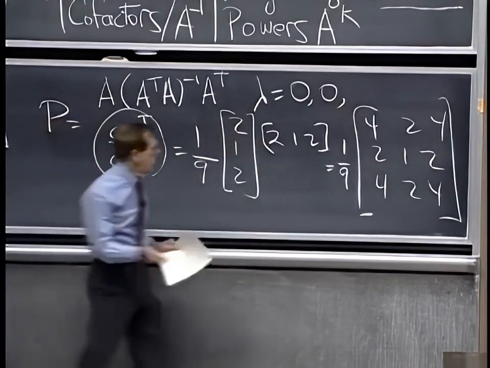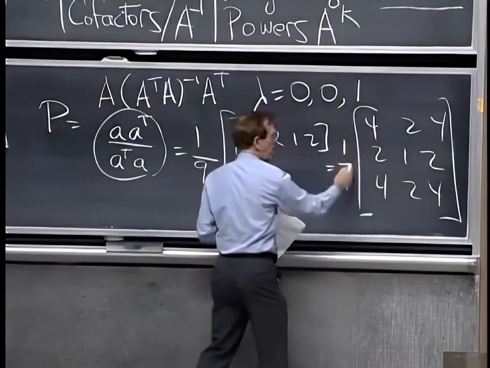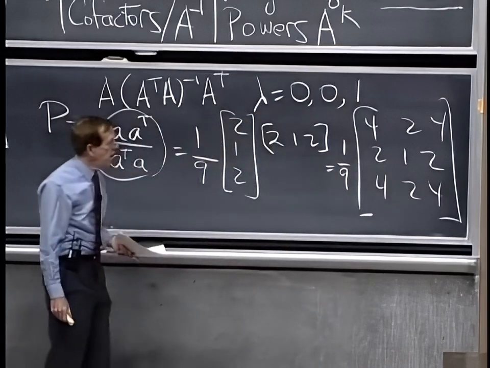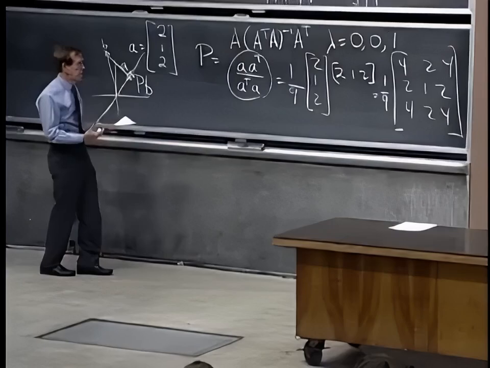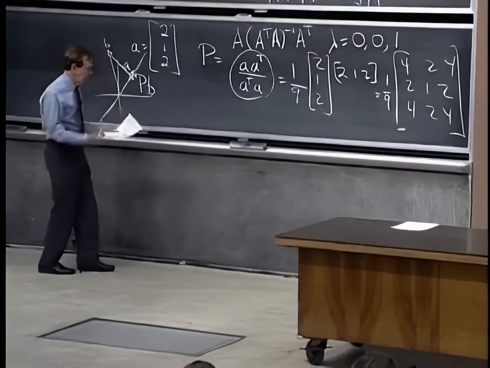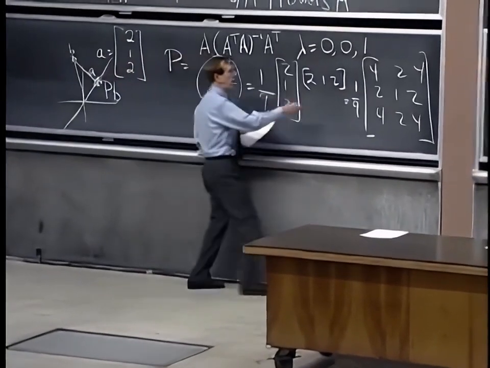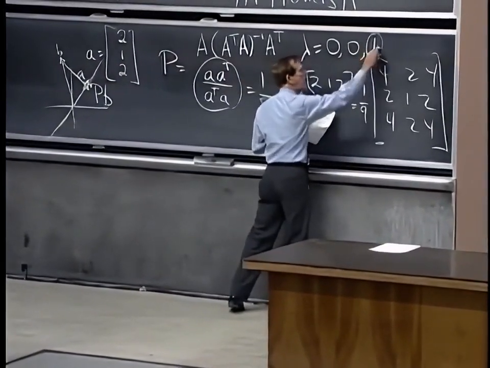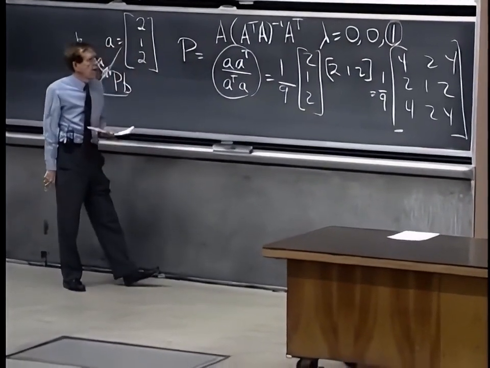It's 1. How do I know it's 1? Either from the trace, which is 9 over 9, which is 1, or by remembering what the eigenvector is. And actually now it's going to ask for the eigenvector. What's the eigenvector for that eigenvalue?